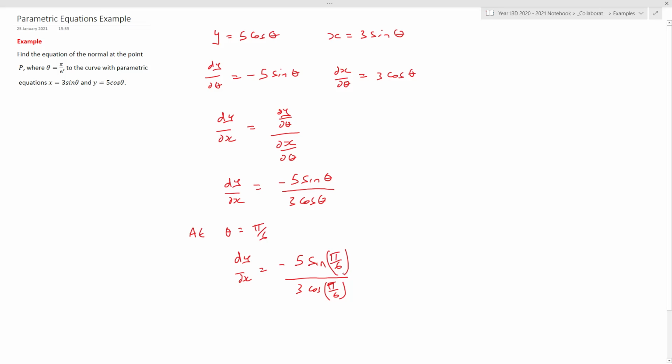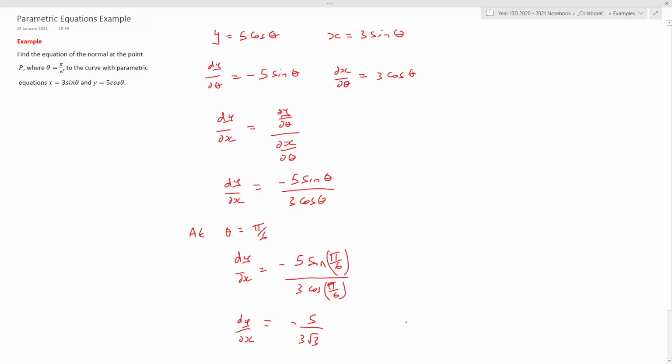Okay, so you can put that in your calculator, and that's going to give you the gradient at this point as equal to minus 5 over 3 root 3. And if you can confirm that for me. So that's the gradient at that point there.